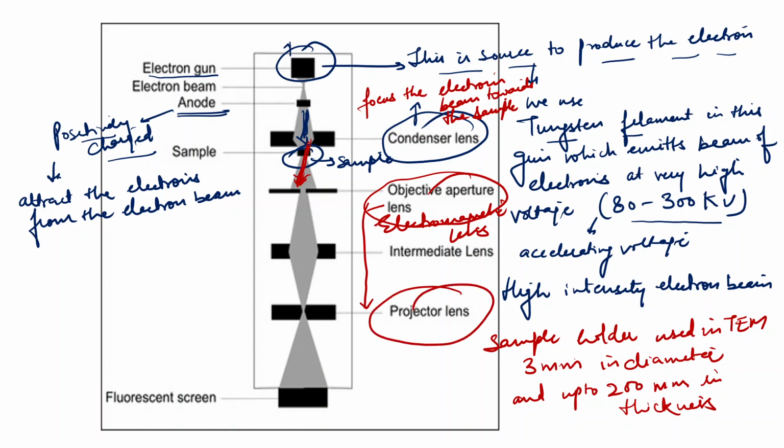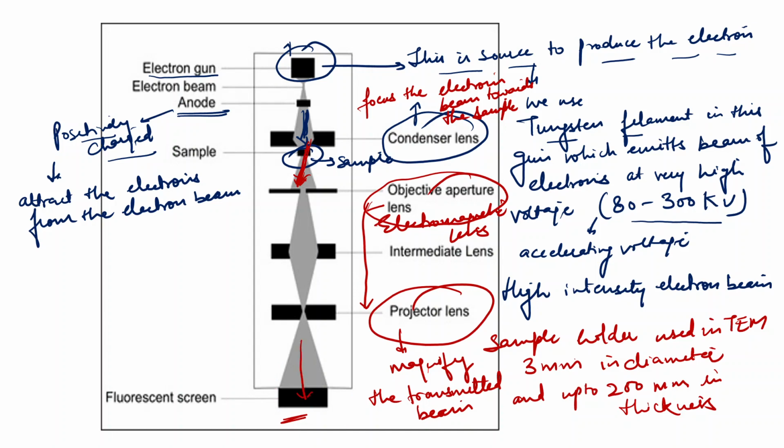The projector lens will magnify the transmitted beam coming from the objective lens, and focus it towards the fluorescent screen.